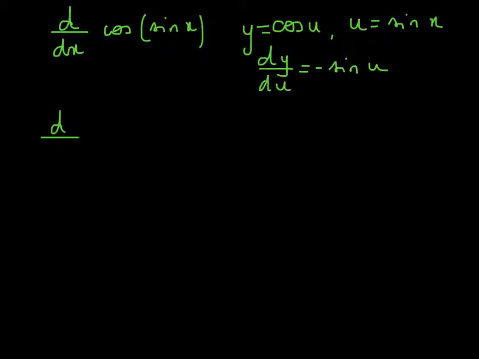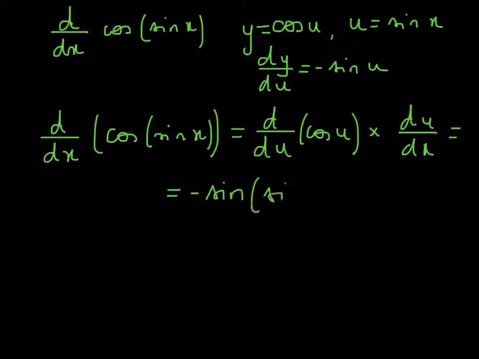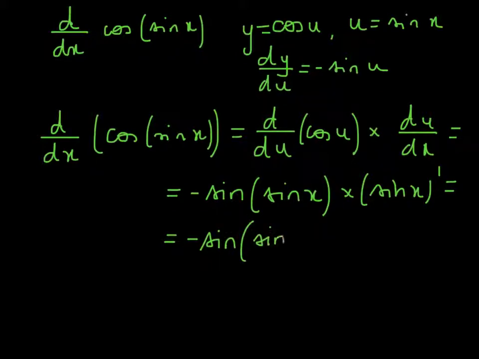So the derivative with respect to x of cos of sine x is the derivative with respect to u of cos u times du by dx. So the derivative of cos u is minus sine of u, where u is sine x, times the derivative of u, so minus sine of sine x times cos x.